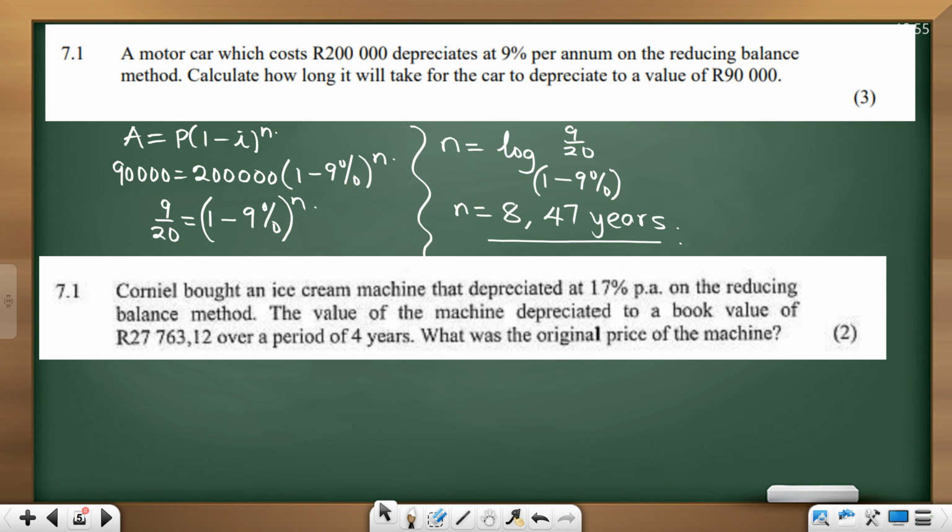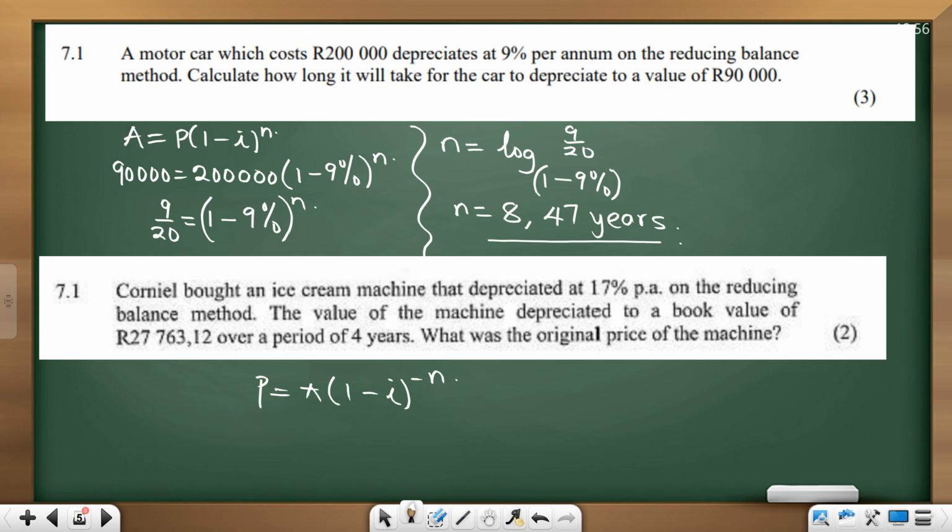All right, quickly. Cornell bought an ice cream machine that depreciates on a reducing balance. What did you guys get here? What's the original price? Okay, we have a problem. You guys know this formula?